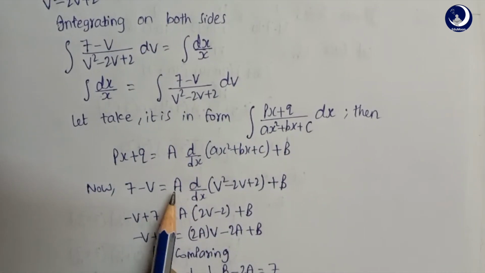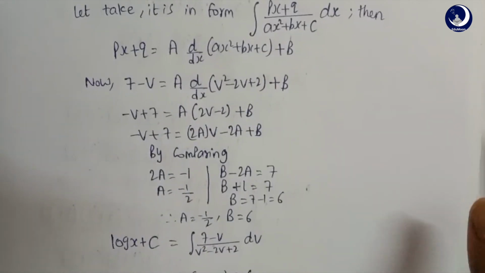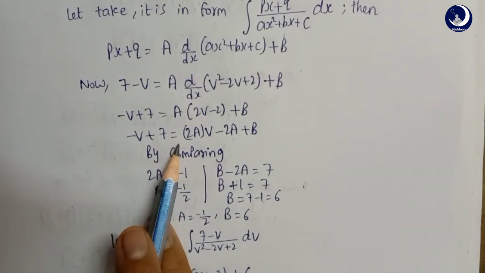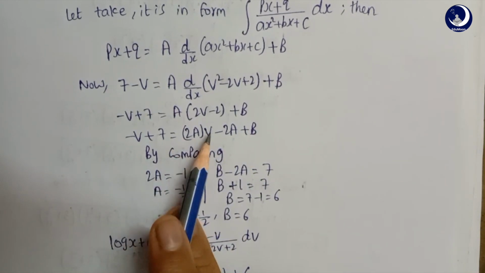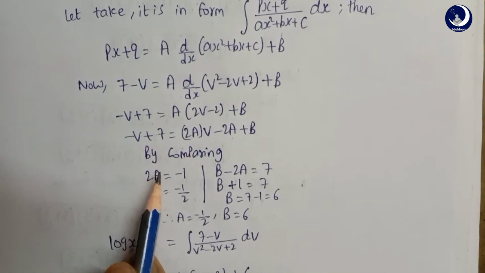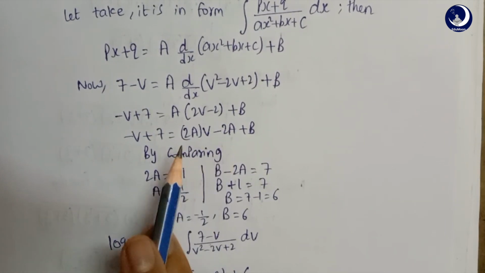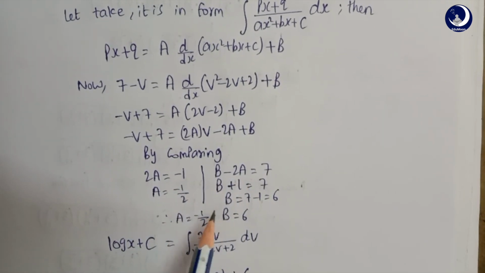So 7 minus v equal to A into d by dv of the denominator plus B. By solving this, we get minus v plus 7 equal to 2A into v minus 2A plus B. Now comparing in the v function, 2A equal to minus 1, and the constant function, B minus 2A equal to 7. Then we got the A and B values.